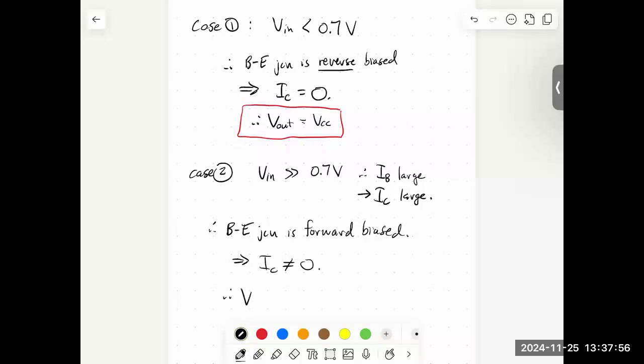And so therefore, V out is equal to VCC minus IC times RC, and that is going to be small, right? In the first case, this was 0, so that thing just vanished. Now this is some non-zero contribution, and so we're subtracting off of whatever that VCC is, and we end up getting a smaller output.